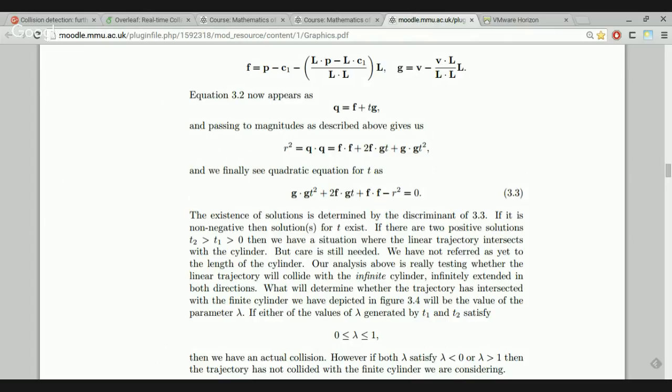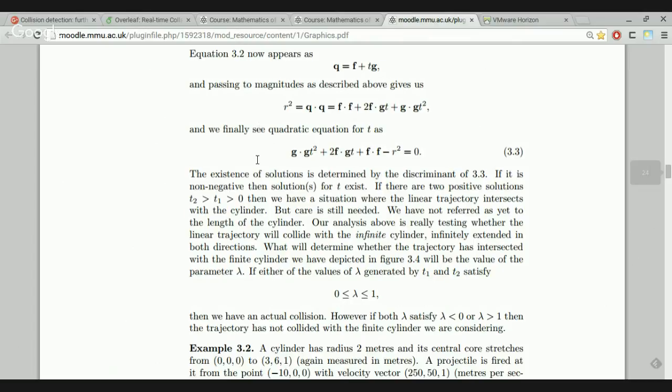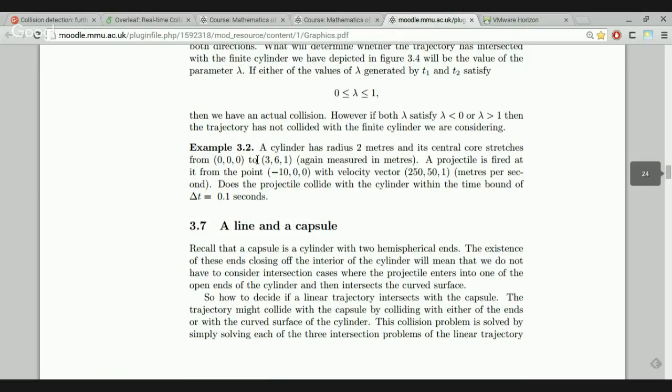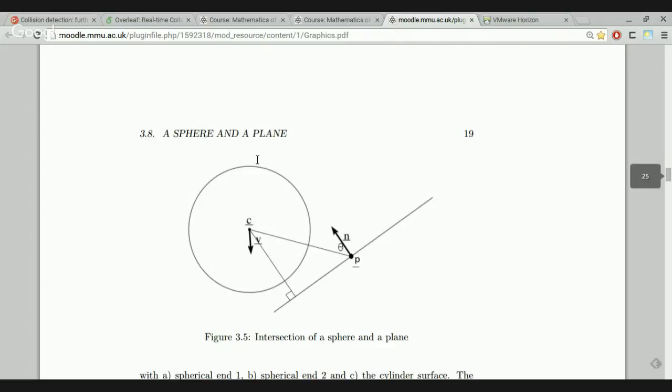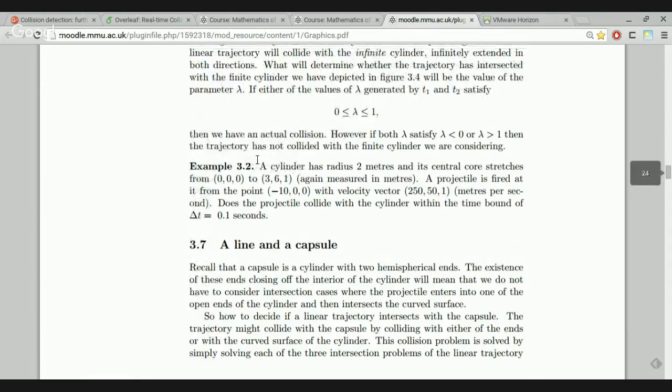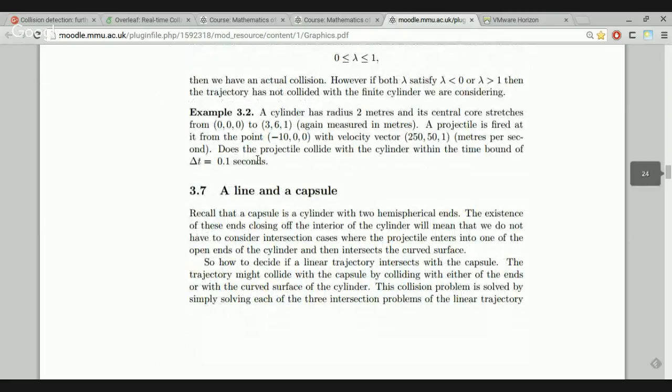So I think we may just consider the last case then, done in chapter 3. We've done a line and cylinder, and then a line and a capsule. What have we done so far? We've done line and sphere. We've just considered line and cylinder.